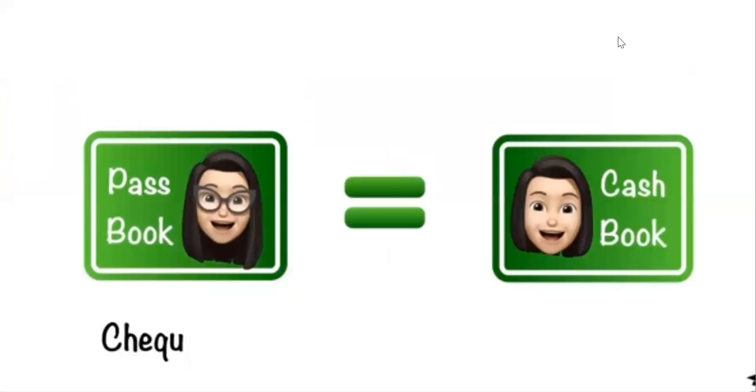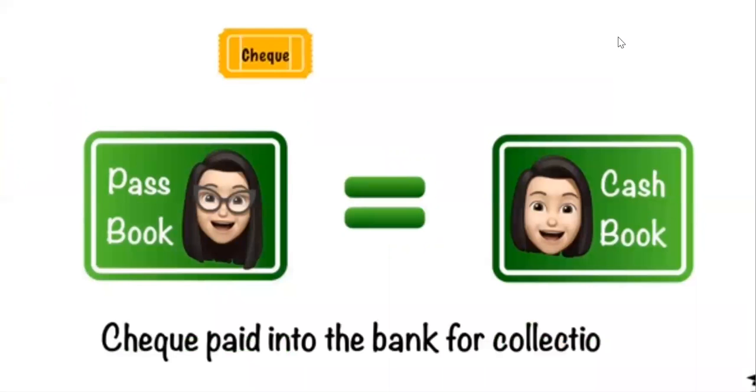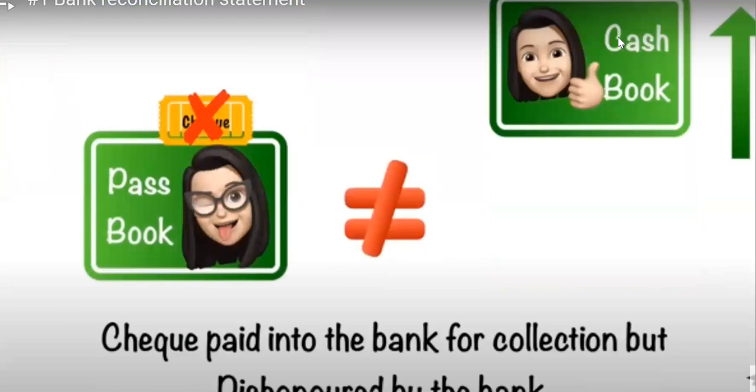Check paid into the bank for collection but dishonored by the bank. Under this situation, we entered the check paid in our cash book. So the cash book we updated, but under the passbook the check is dishonored.